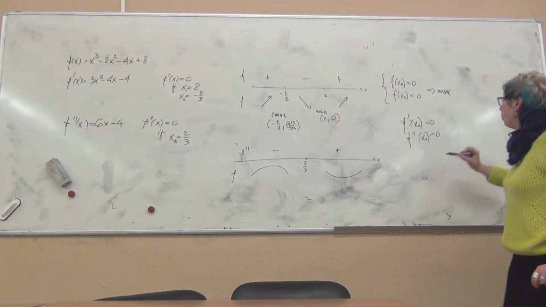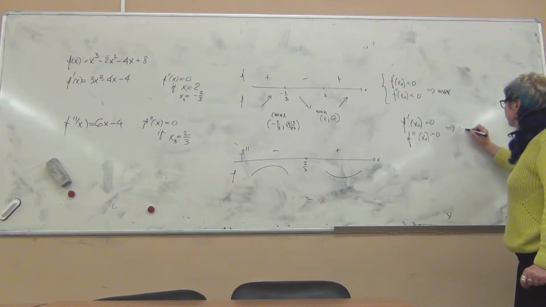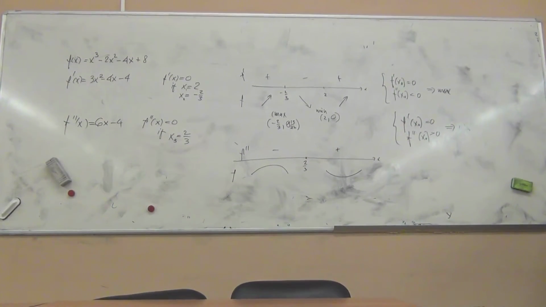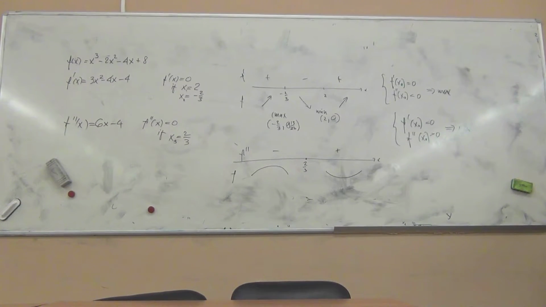It must be the minimum point at that point. We have problems if the second derivative does not exist at that point. Well, it should. Or if we see that the second derivative is also equal to 0, it happens to functions that are very flat at minimum or maximum points sometimes.